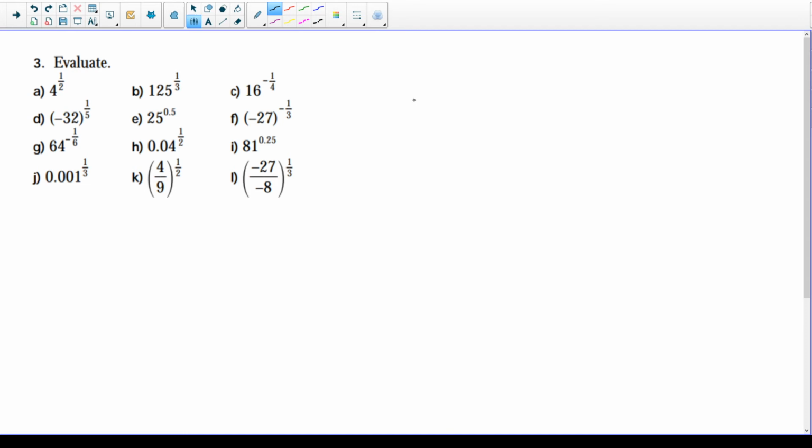Now, the first thing I want you to notice, and we'll discuss this first, is I asked you to get used to some of your cube values, your square values for sure, even some of your fourth values, like 2 to the 4. You should be able to pretty quickly figure out what that answer is. And that's all we're doing here, right?